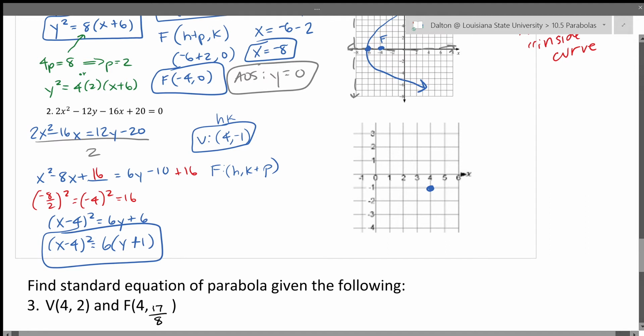They say, oh, 6 is equal to p, because 6 is just that number that's out front. False. 6 is equal to 4p. Whenever you have that coefficient to the binomial, that's going to be 4p. Which implies when you divide both sides by 4, you get 6 over 4, which reduces to 3 halves. So that implies that p is equal to 3 halves.